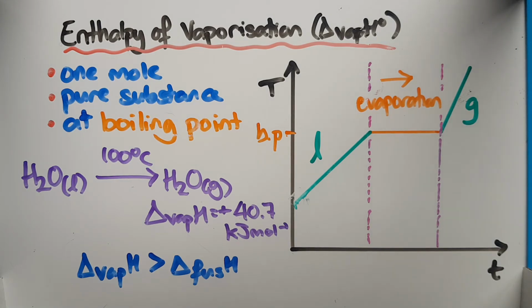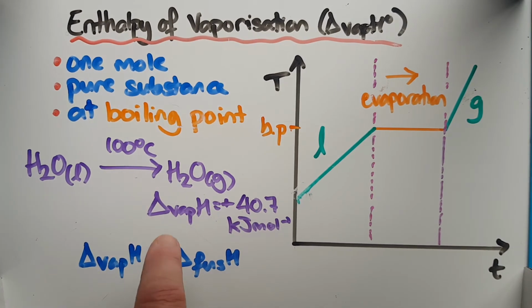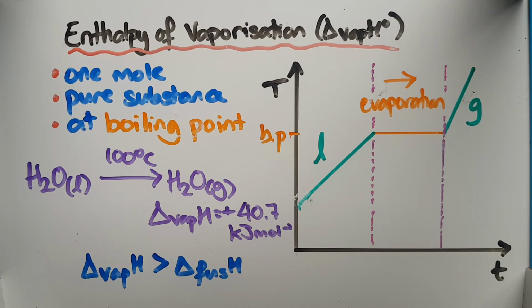The amount of energy required to boil or evaporate 1 mole of a substance in its liquid phase, so turn it into its gas phase, at its boiling point, so for water that'd be 100 degrees, is its enthalpy of vaporization. Now I'm hoping that you've looked at the enthalpy of fusion one beforehand, and it's exactly the same idea.